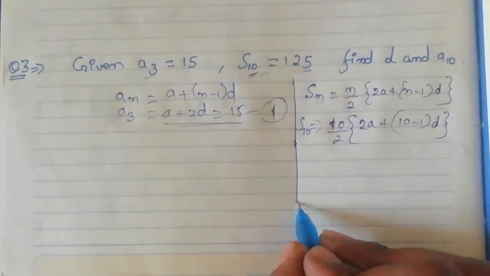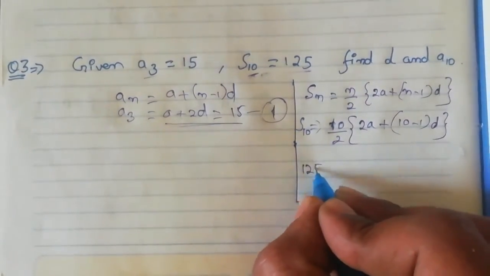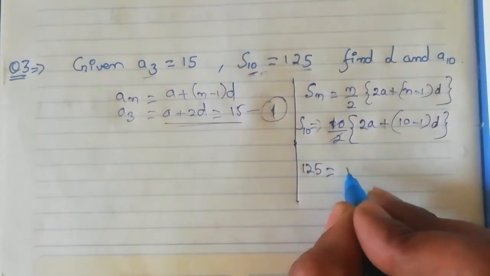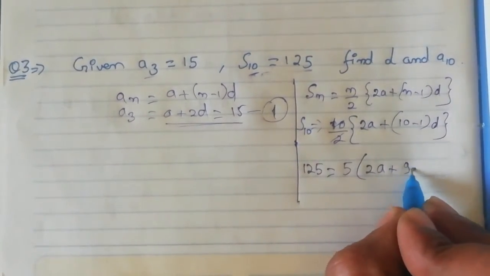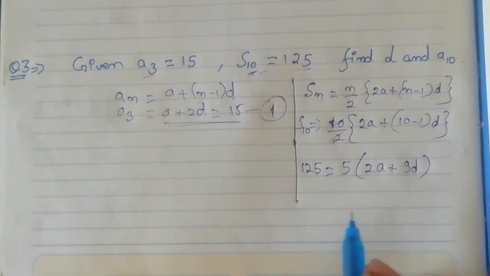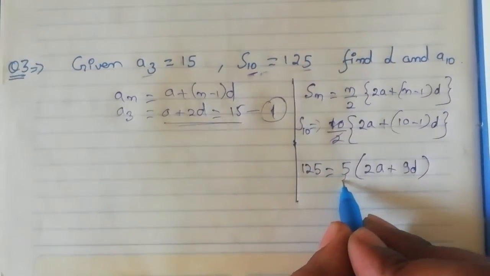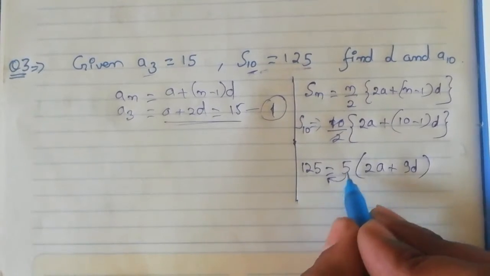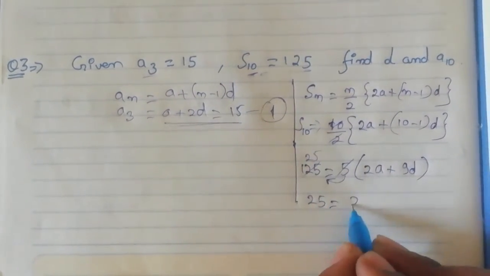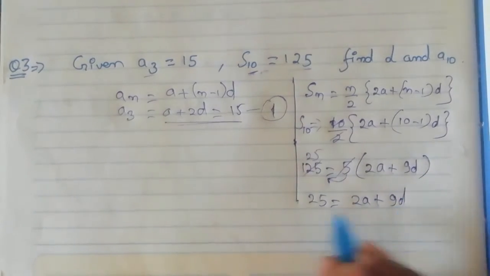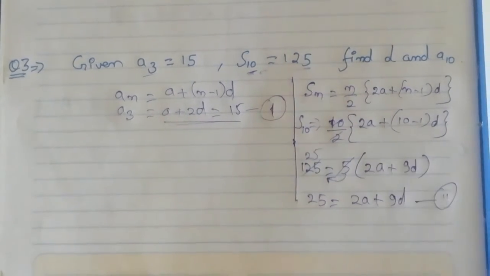Let me divide the page here. So 125 is equal to, look, 10 by 2 is 5, here we have 2a plus 9d. We have to transfer this 5 to that side. So 25 5s are 125, means 2a plus 9d is equal to 25. This is our second equation.